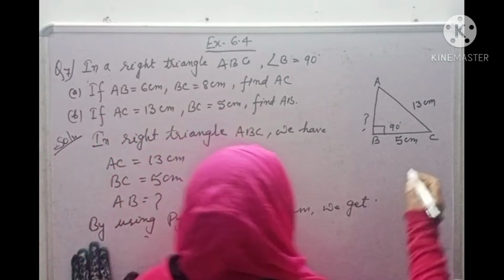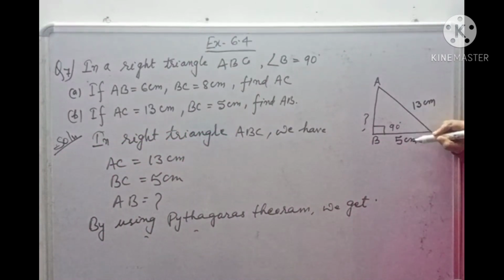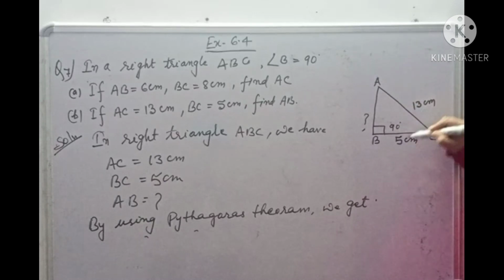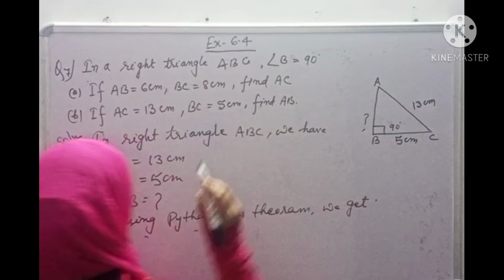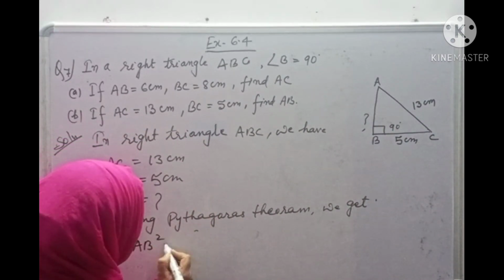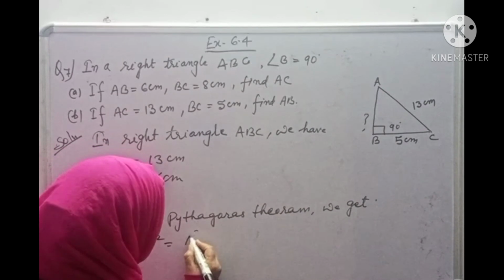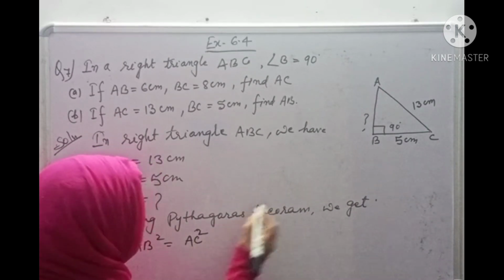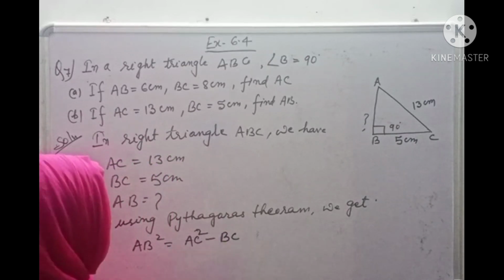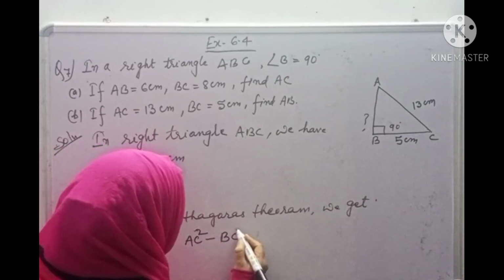Just remember, when asking about the smaller side, जब भी smaller side की बात हो तो आप hypotenuse में से, means longer side में से, simple किसी one को subtract कर देंगे. Here the longest side is AC and we have to find AB. So write down here AB square is equal to longest side, AC square में से आप माइनस करेंगे the smaller side, that is BC square.